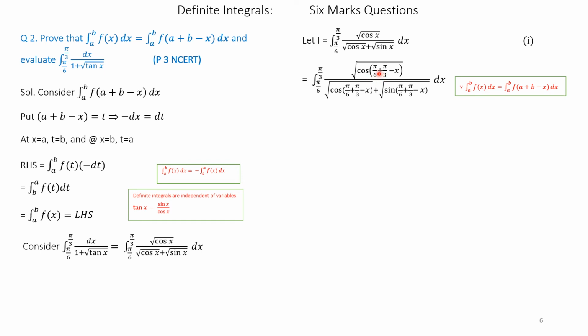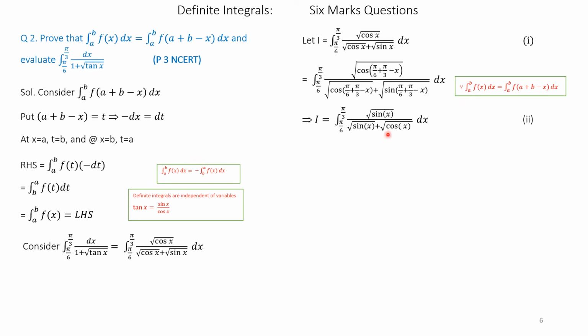Therefore, f of a plus b minus x becomes square root of cos of pi by 6 plus pi by 3 minus x, divided by, substitute once again a plus b here. So a plus b is pi by 6 plus pi by 3 minus x as given in this formula, plus square root of sine of pi by 6 plus pi by 3 minus x. Let it be equation 1.